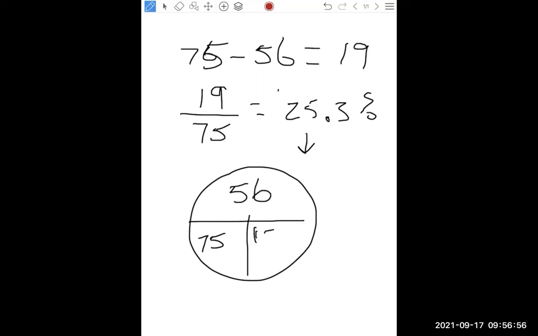If I divide these two, because remember the horizontal means divide, that answer comes out to 0.74666667, whatever. But if I subtract that from 1, because I'm using the 1 minus, it comes out to the same thing, 25.3%.